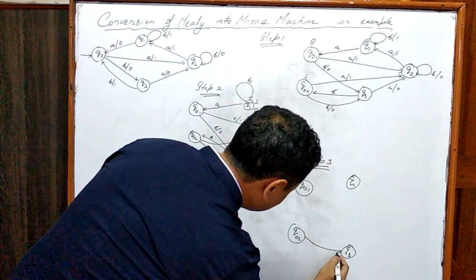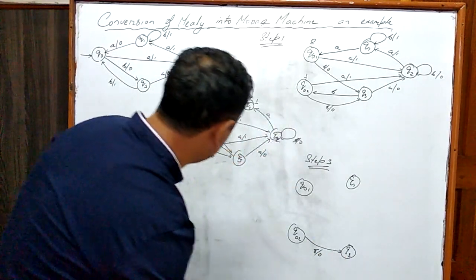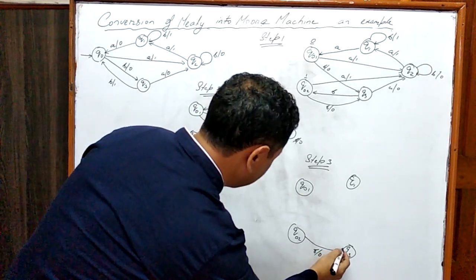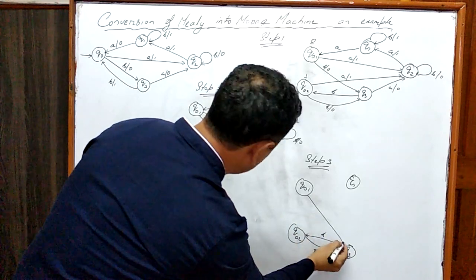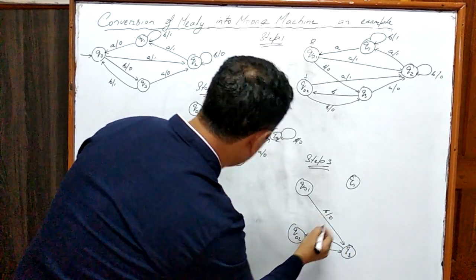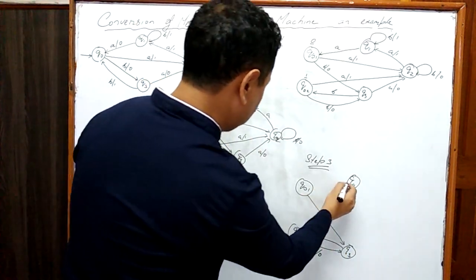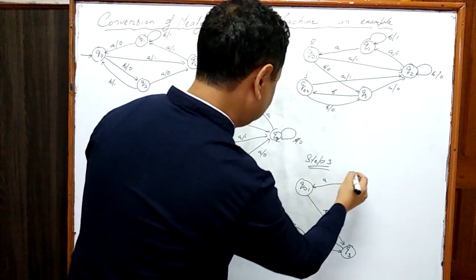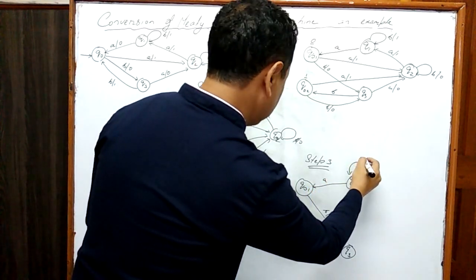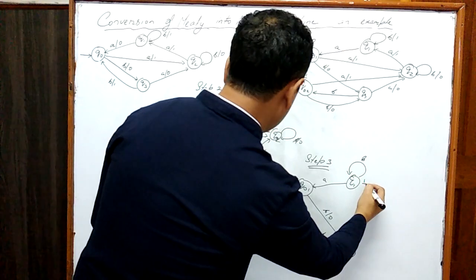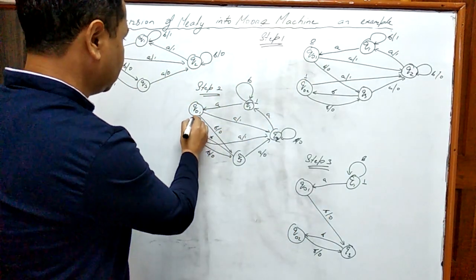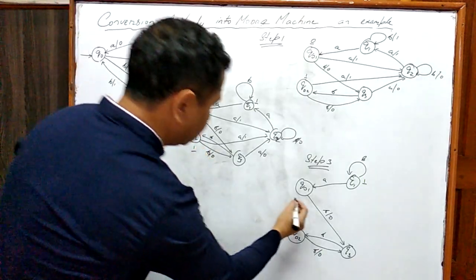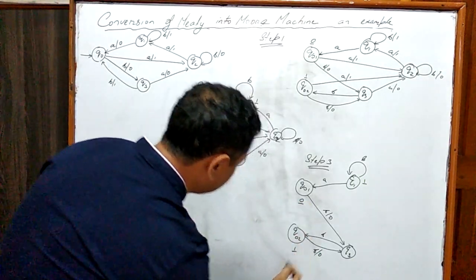So we have here B oblique 0. We come back here, that is B. We go there, that is B oblique 0. Then we have this, that is A. We have this, that is B 1. These are the outputs 0 and 1. So this is 0 and this is 1.